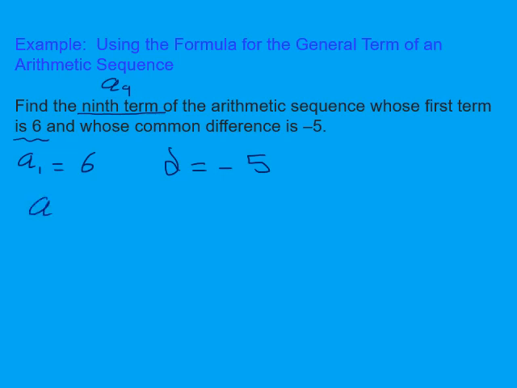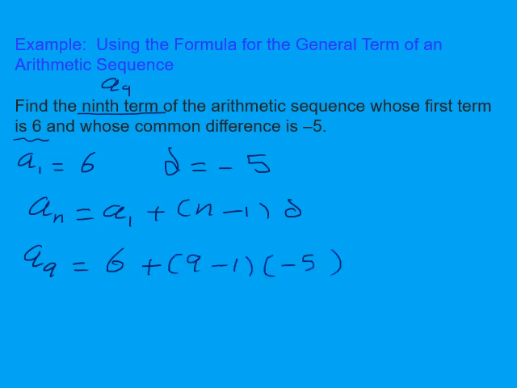So AN, the general rule, is A1 plus N minus 1 multiplied by D. So A9 is equal to A1 plus 9 minus 1 multiplied by negative 5. So it's 6 plus 8 multiplied by negative 5, which is equal to 6 minus 40, so it's equal to negative 34.